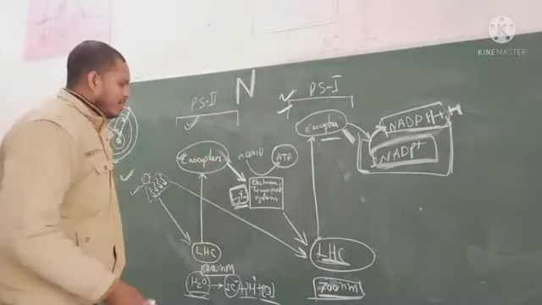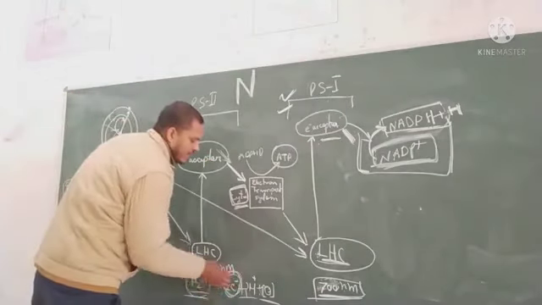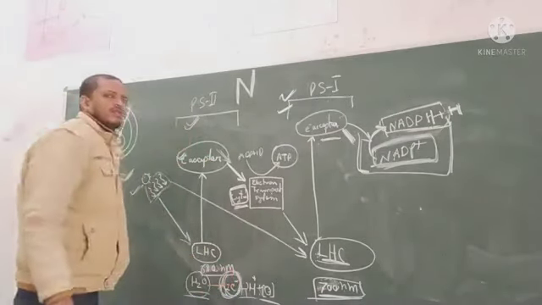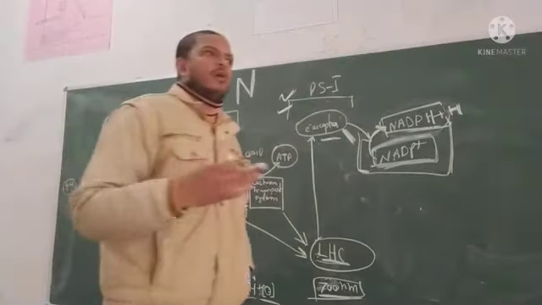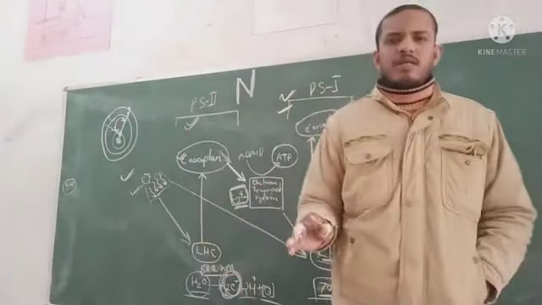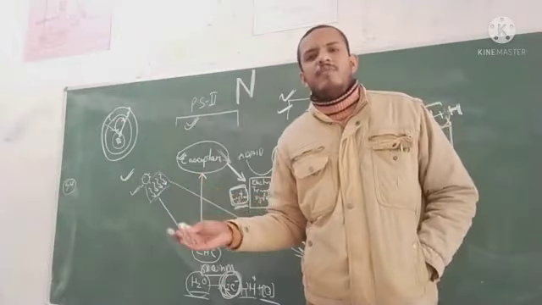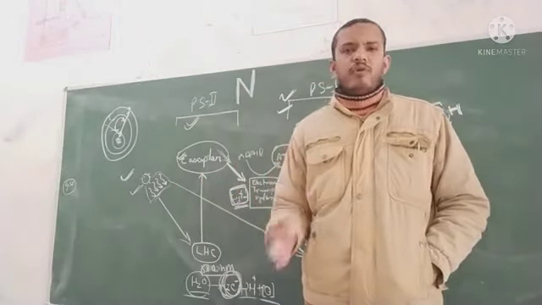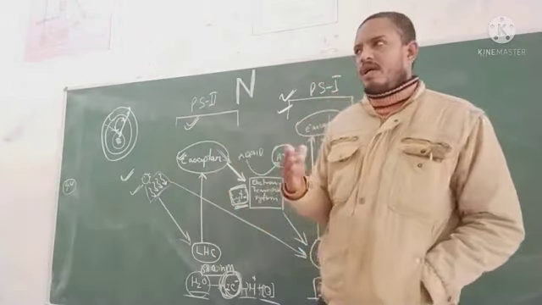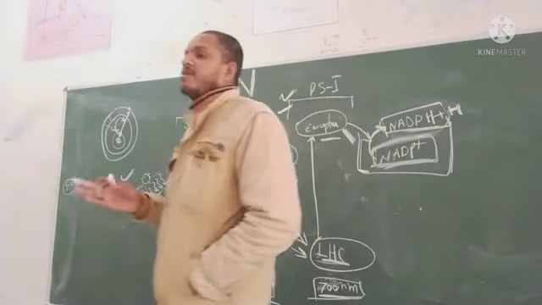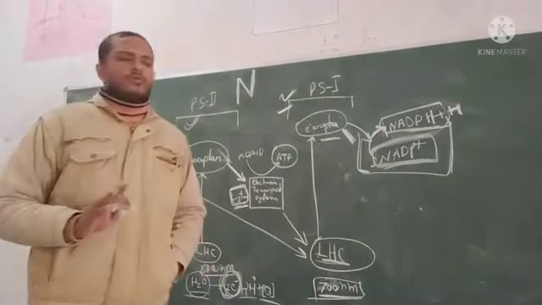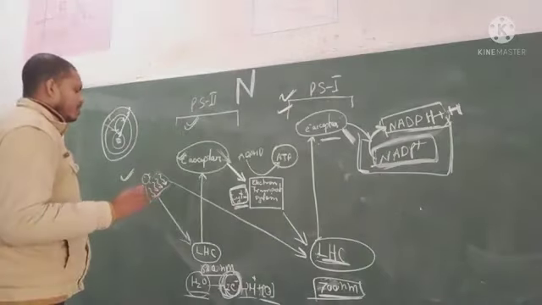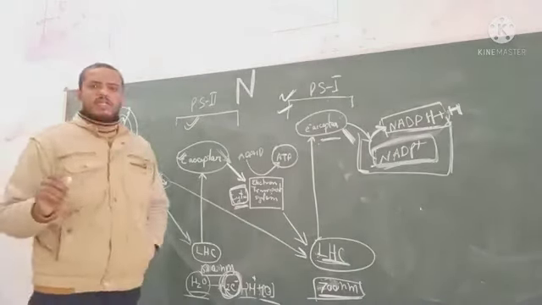In this way they continuously release electrons into the chemiosmotic hypothesis. That helps in the continuous flow of electrons and also the concentration gradient. So splitting of water molecules provides a continuous supply of electrons.